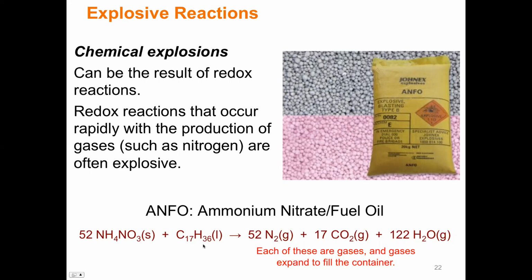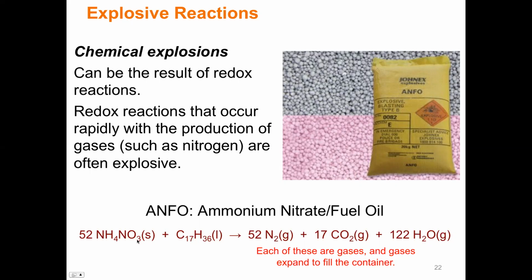The liquid will take the shape of its container, a solid is what it is. But notice on the other side, you're converting this to gases, right? So gases, of course, expand to fill their container. And if they're not in a container, they're just going to keep expanding outward. So this is part of the explosive reaction that's taking place here.